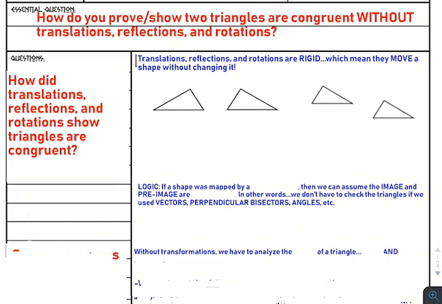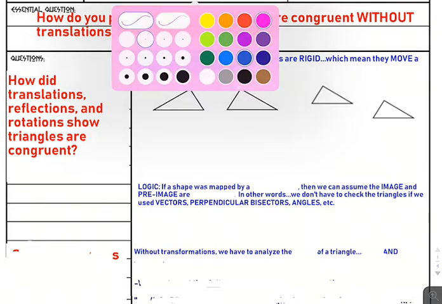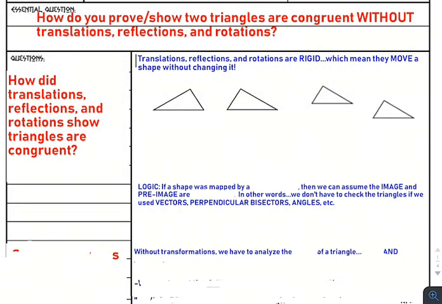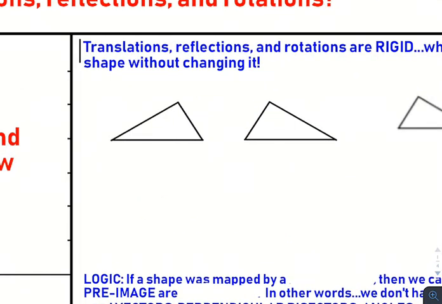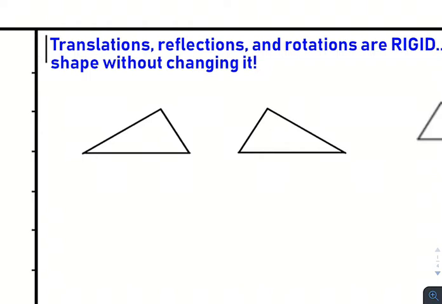So just a way of demonstrating, and maybe a little bit of a review, we have these triangles here. So this one on the left and one on the right here. Let's say I wanted to map a reflection. Well, we know that a reflection requires a line of reflection.